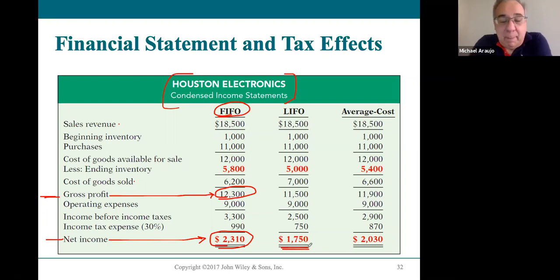Anyway, what companies would use LIFO? Well, companies in which the products go down in price over time. They might start off as very high priced, but as the months and years go on, they get lower and lower in price. A perfect example would be an electronics firm.